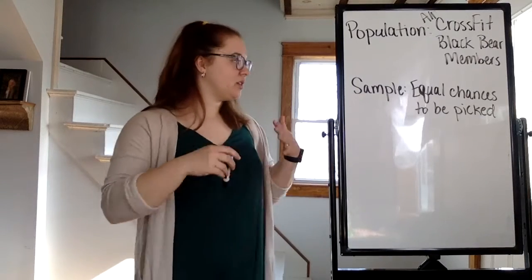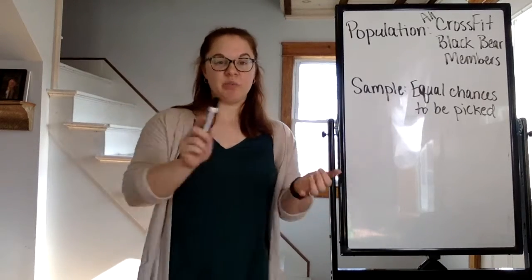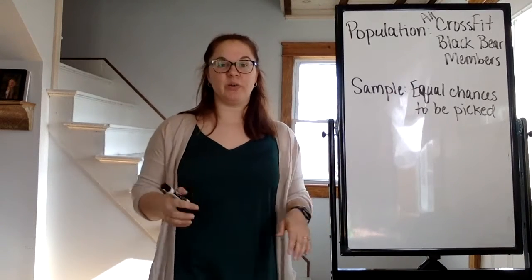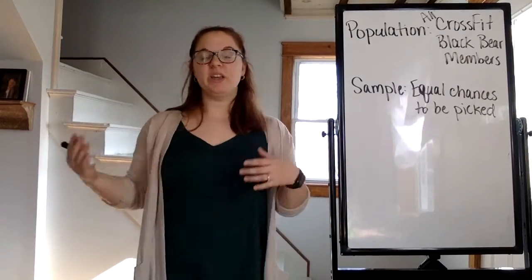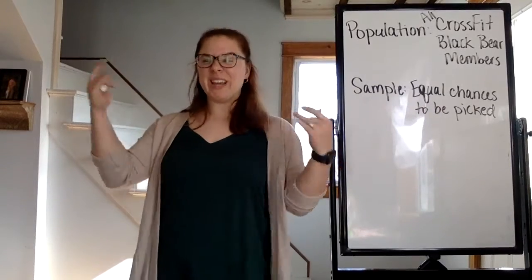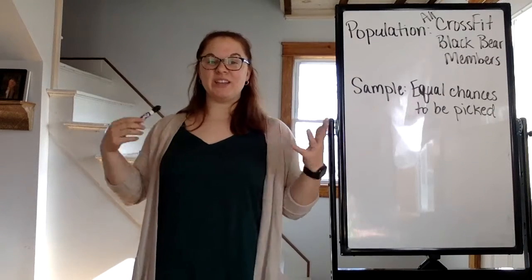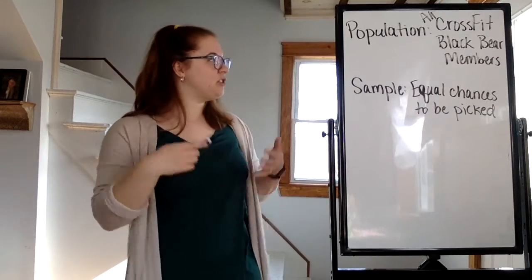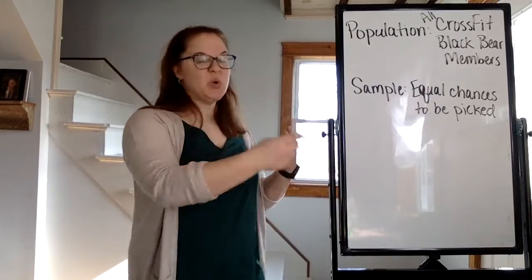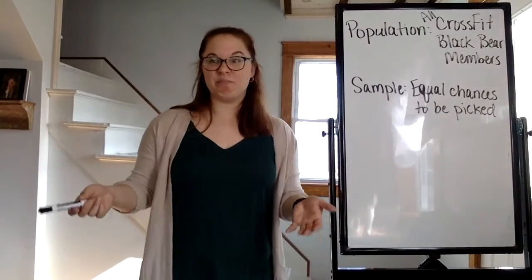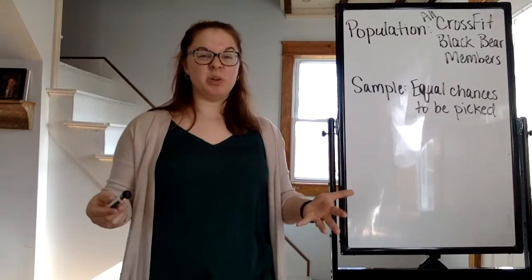So what the owner, Luca, could do is break down the gym into male and female, and then break it down into age categories: people under 20, people between 20 and 40, and people 40 and above, and take smaller samples of each subgroup. Because then he would get an idea of what each kind of gym member, men older than 40, women between 20 and 40, men under 20, what each subgroup would want.